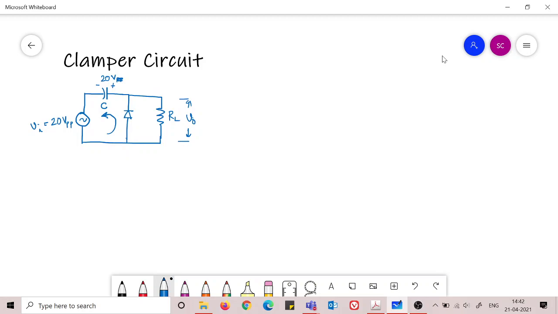And you also notice that this diode will never become forward biased in the circuit again. So once it has become forward biased and charged this capacitance to 20 volt, after that, for all voltage Vi from 0 to plus 20, of course this remains reverse biased.